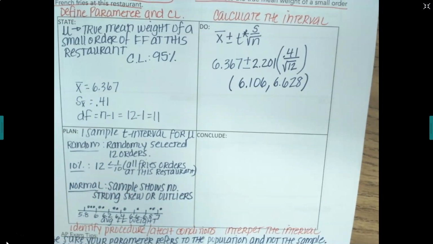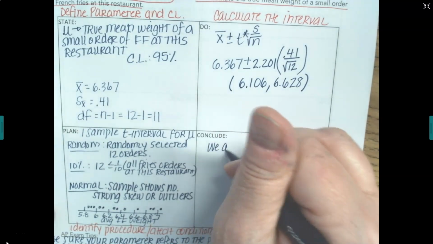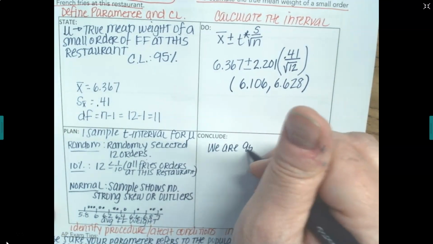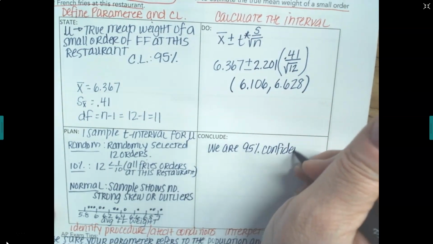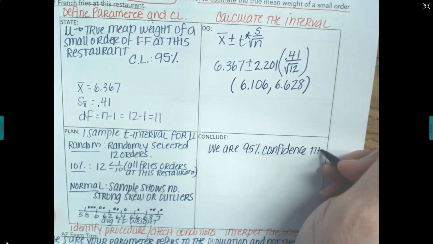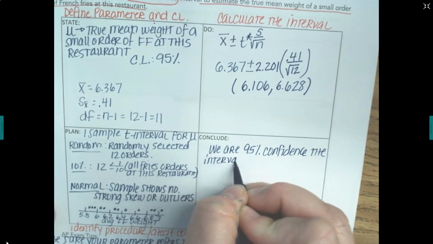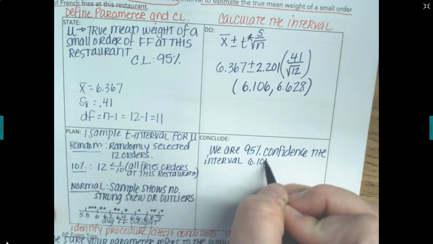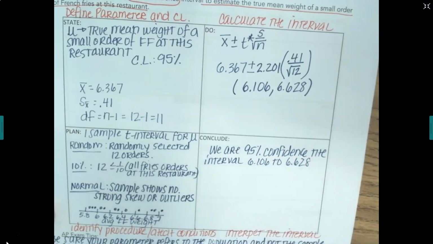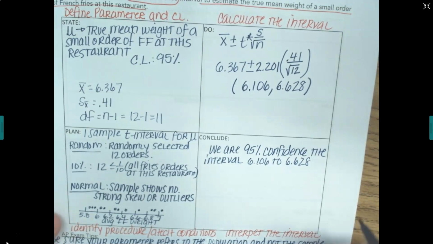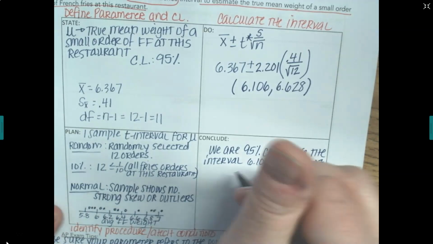To interpret our confidence interval, we want to make the statement that we are blank percent, so we're 95% confident the interval 6.106 to 6.628. Now remember, we're talking about the weight of the fries here, so I'm going to put a unit on that. Ounces captures.